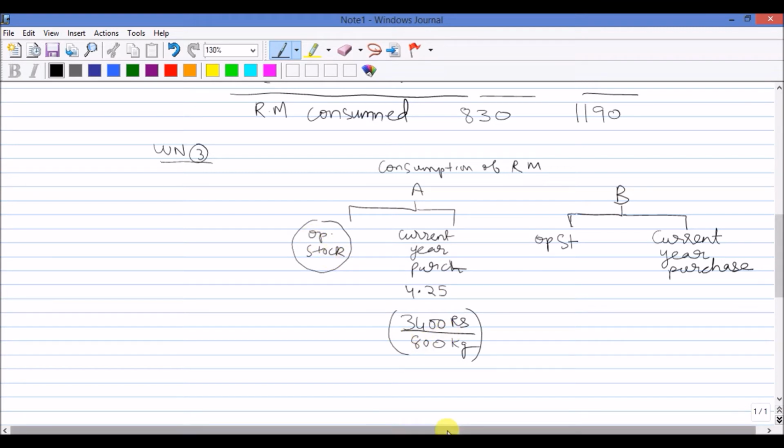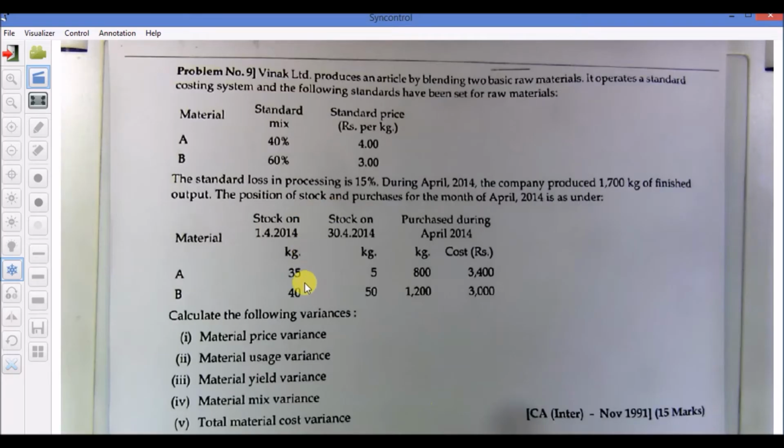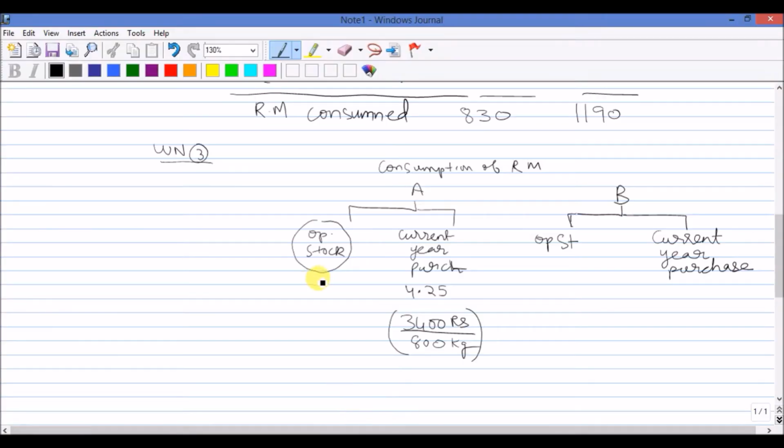What about opening stock? For opening stock, they have not given us any rate. So in the absence of a rate, the opening stock price should be taken as the standard price. The standard price is 4 per kg. So yes, I will take it as 4 per kg.